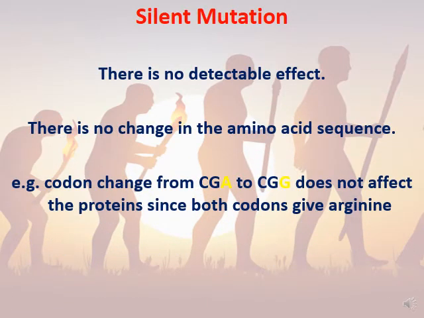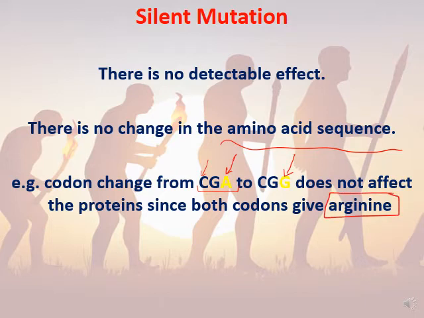Silent mutation: there is no detectable effect, no change in the sequence of the amino acid. For example, changing the codon. What is the meaning of the codon? Each one of these, we said, is called a nucleotide. Every three is called a codon or a triplet. So changing a nucleotide from CGA to CGG, we substitute the A with the G. This substitution does not affect the protein sequence, since both codons CGA and CGG give the amino acid arginine.